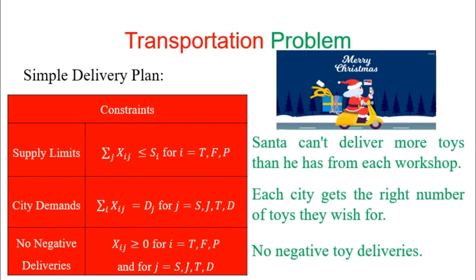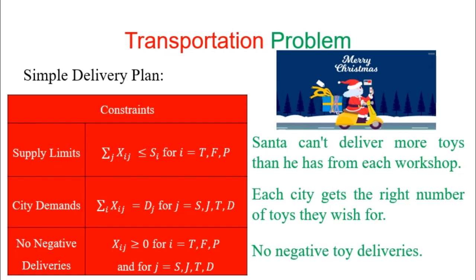Now, how do you write it? It's quite simple. The summation of all the quantities from the ith workshop to the jth destination should be less than or equals to Si, where i is either Toyland, Fun Park, or Play Magic. That is the three toy workshops. Is this clear?